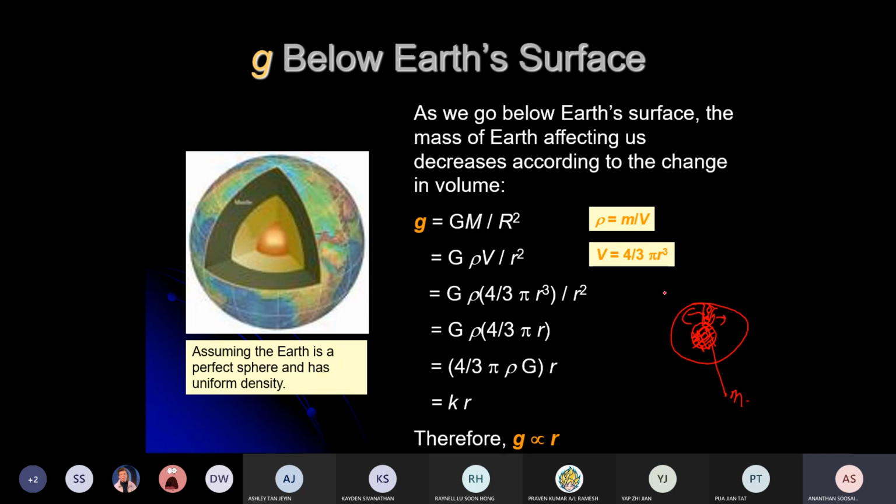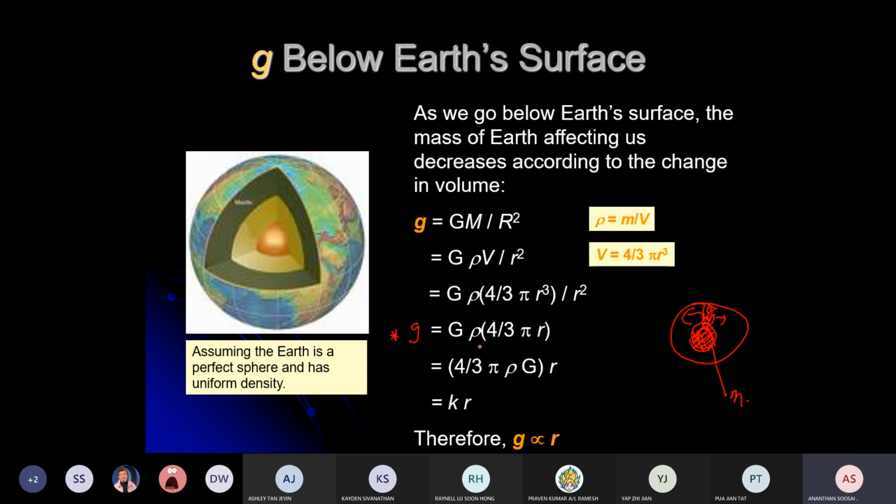So we change the mass into density times the volume underneath you. The volume underneath you is 4/3 pi r cubed, because we assume a sphere underneath you. So the r cubed and r squared partly cancel. This is the new equation developed to find gravity inside the planet.